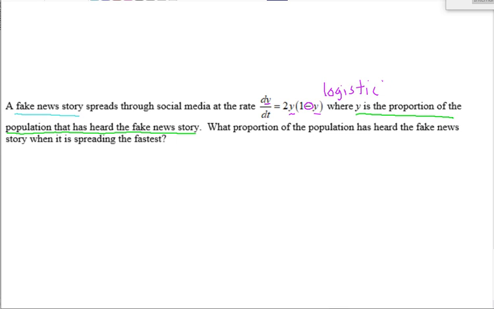And then notice what's different about this one. Usually the carrying capacity represents the actual population. This time it represents the proportion, which is another way of saying the fraction or percentage of the population. In this case, it's the fraction, though.